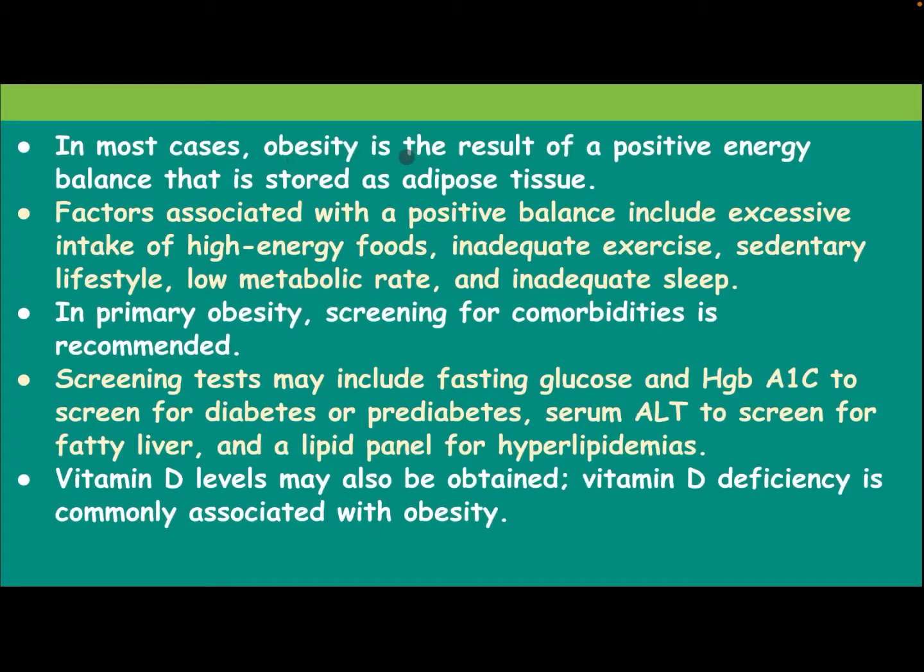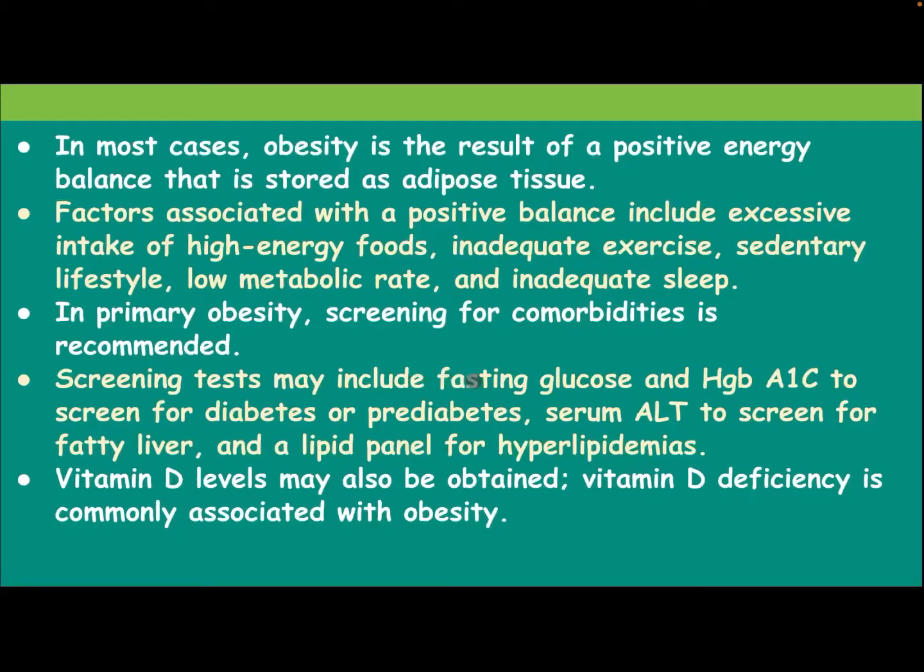In most cases, obesity is the result of positive energy balance that is stored as adipose tissue. Factors associated with the positive balance include excessive intake of high energy food, inadequate exercise, sedentary lifestyle, low metabolic rate, and inadequate sleep. In primary obesity, screening for comorbidities is recommended.